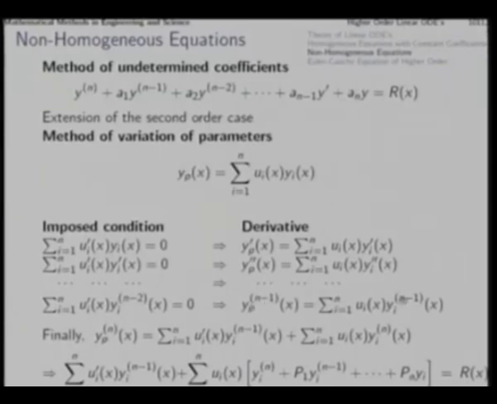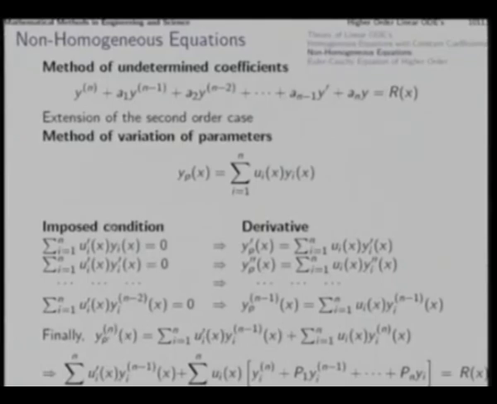This is the stage where we have to find the last derivative that is needed, that is yp n. So, when we differentiate this, we get the full derivative in which two terms come, ui prime yi n minus 1 plus ui into yi n. These two terms will both appear here in the nth derivative.